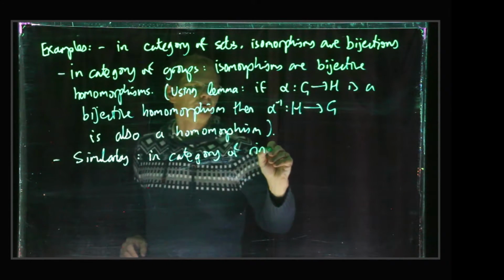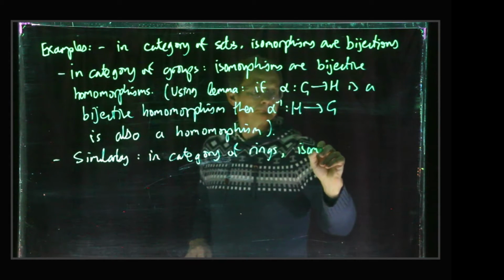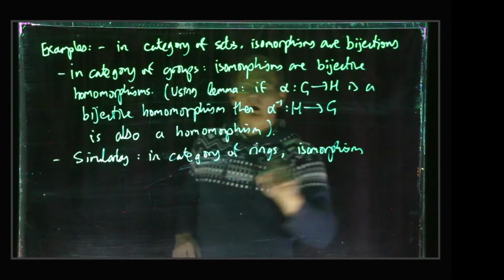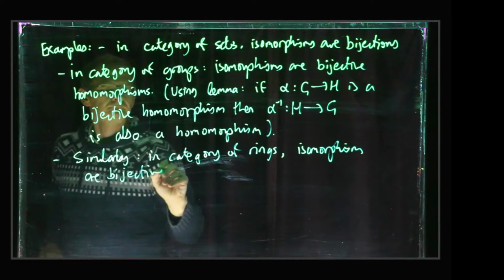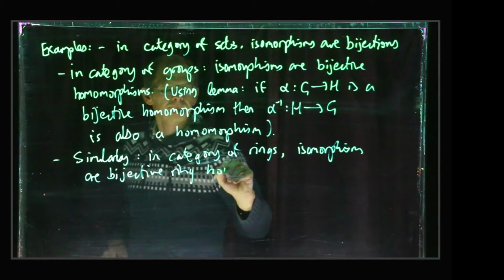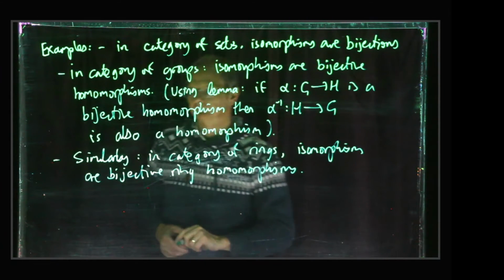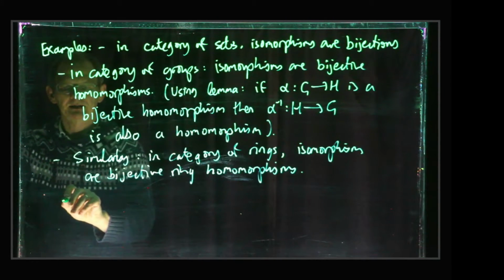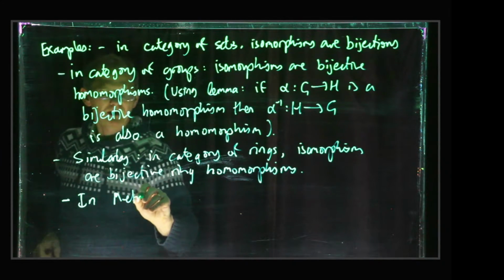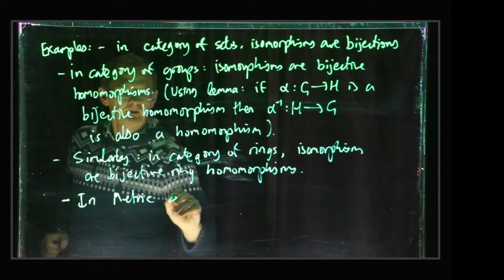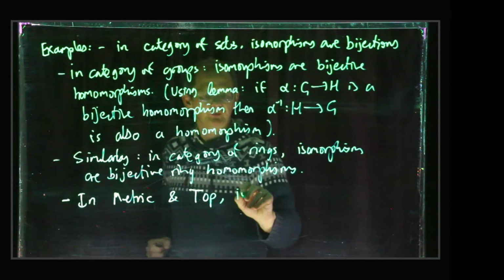And similarly, in the category of rings, say, or any of the other similar sorts of examples, isomorphisms are bijective ring homomorphisms. And then finally, in the category of metric spaces, and also in the category of topological spaces, the isomorphisms are homeomorphisms.